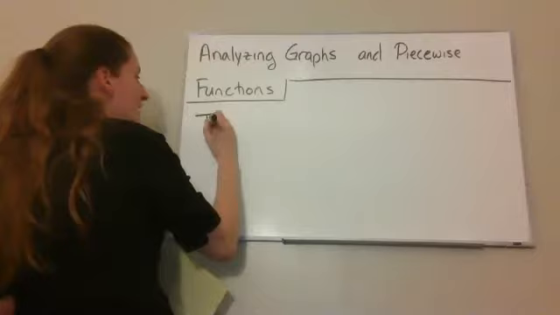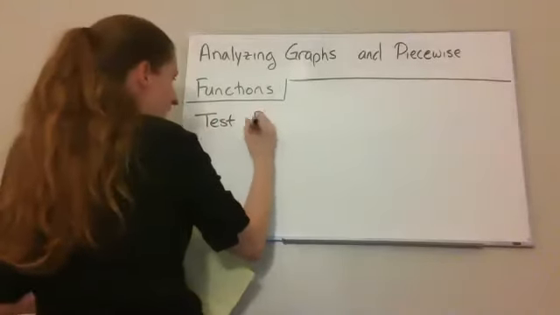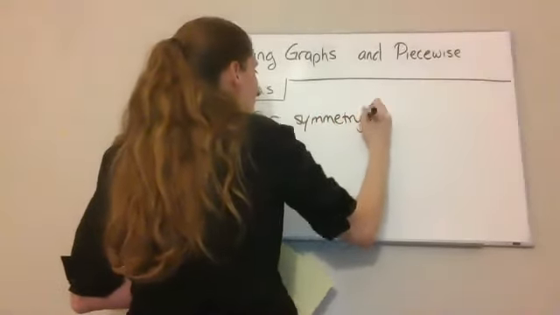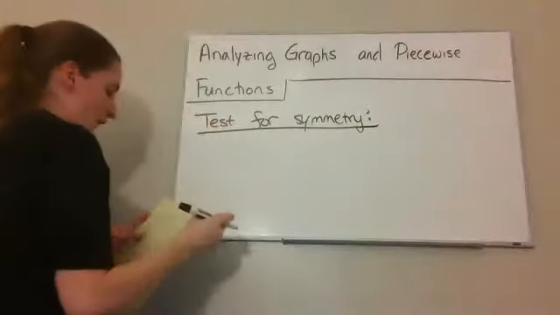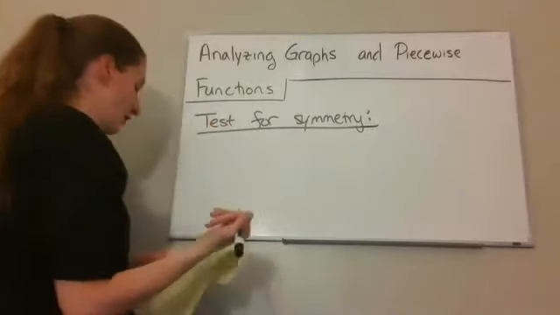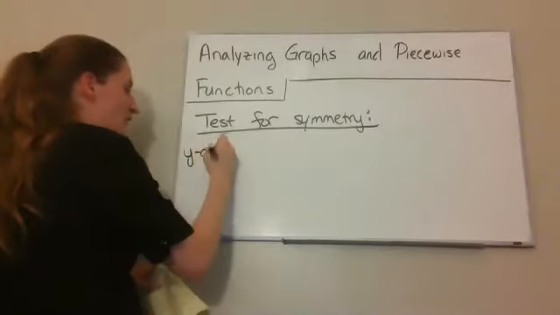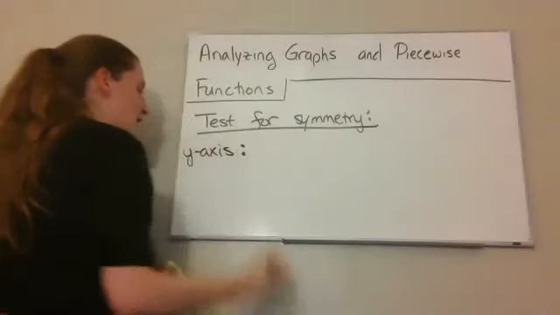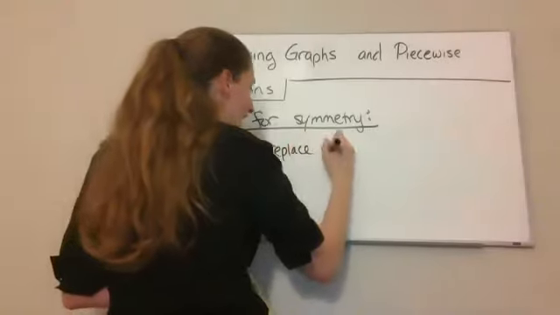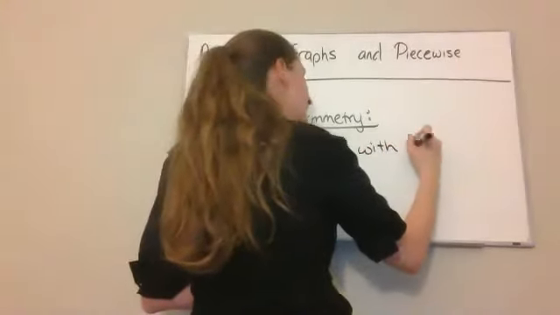So if we're going to try to test the graph of a function for symmetry, first let's talk about how to tell if the graph of an equation is symmetric about the y-axis. To check if it's symmetric about the y-axis, we need to replace x with negative x.